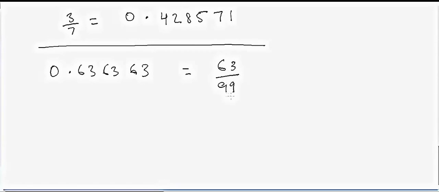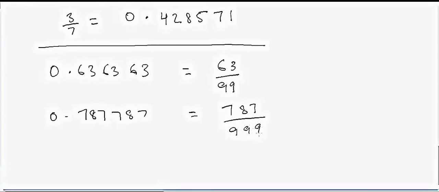I put two nines in the denominator. And suppose we have the same thing, 0.787787, all I need to do is write 787 divided by three nines in the denominator, and that will give me the fraction. So that's another quick way to get the fractions.